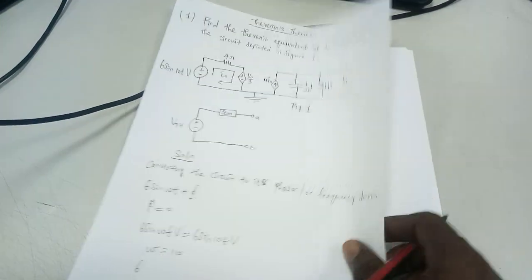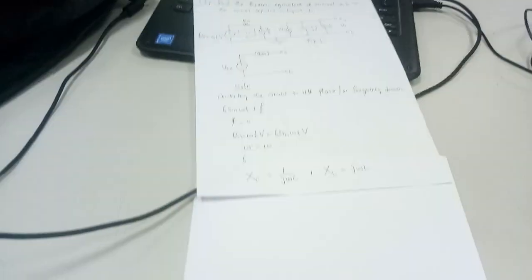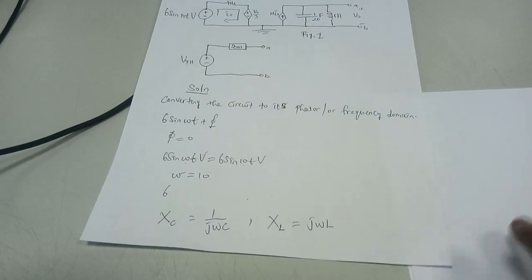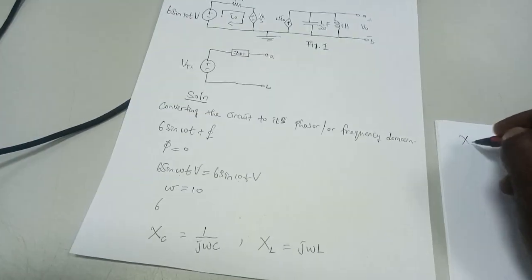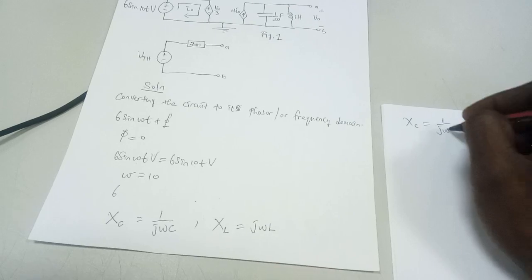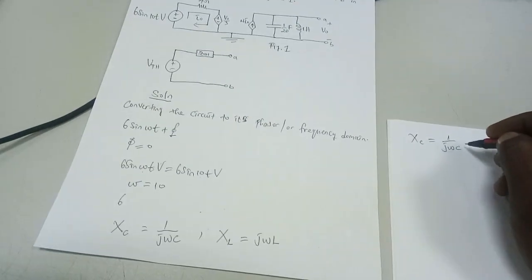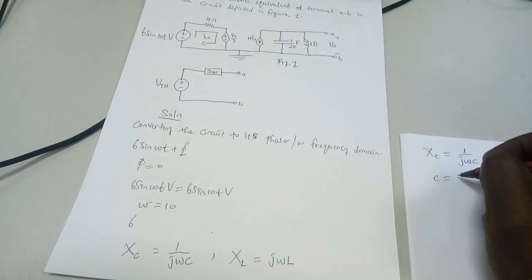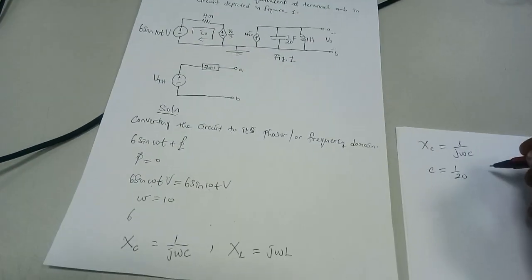From the circuit, let's calculate XC. XC is equal to 1 over j omega C, and C from this circuit is 1/20 farad.